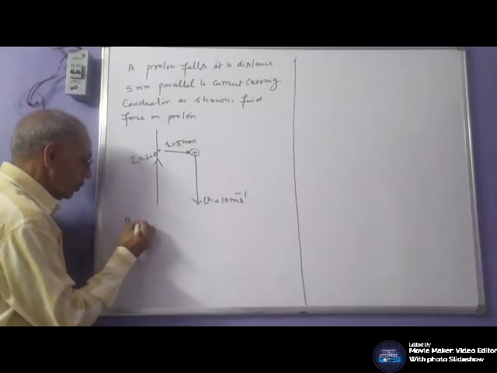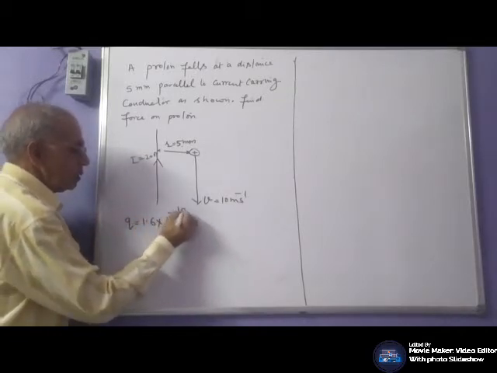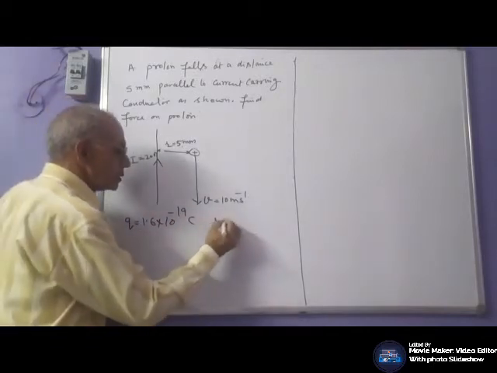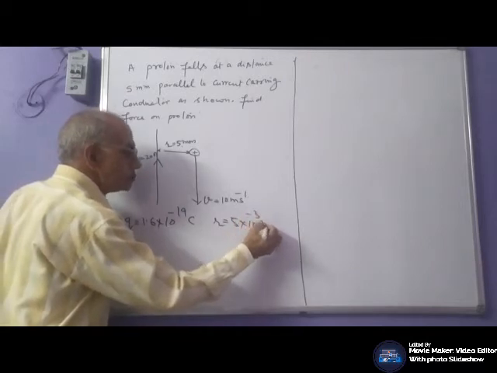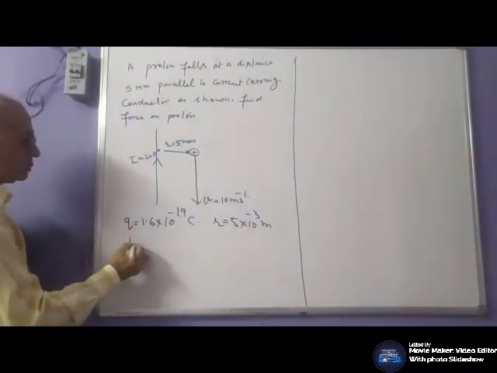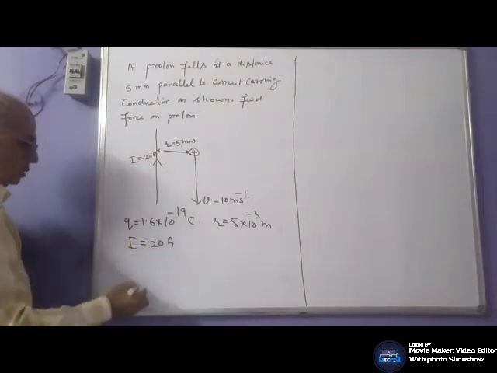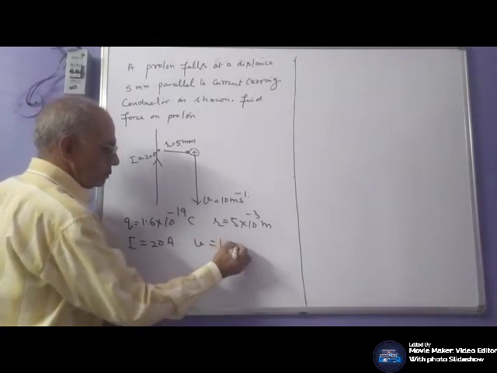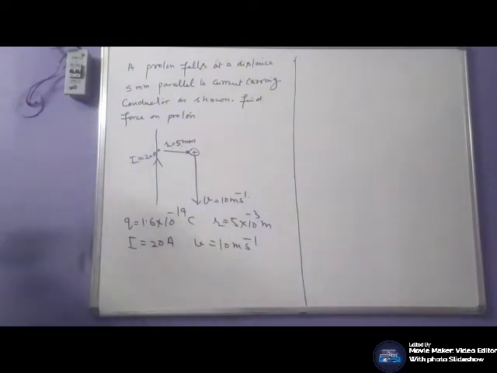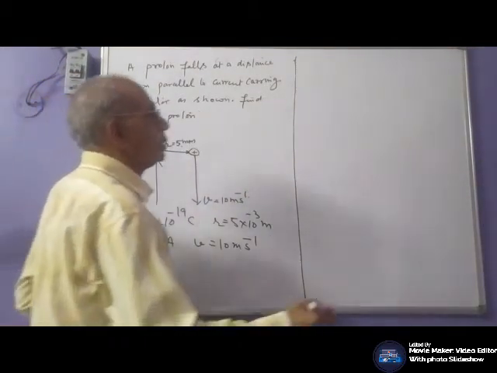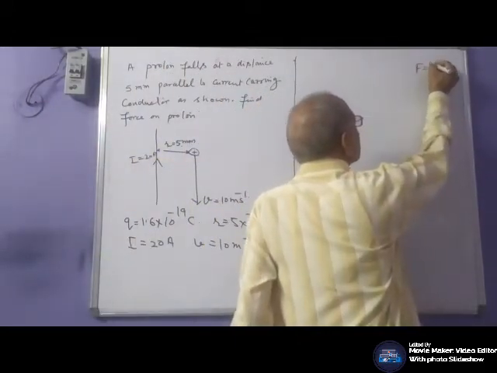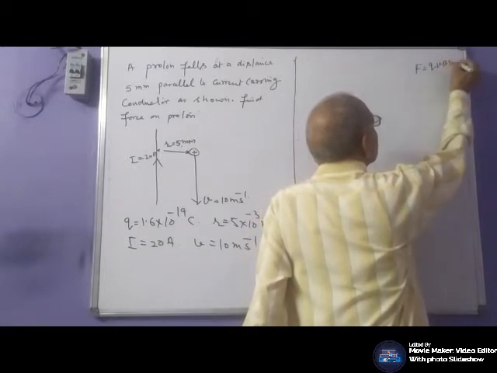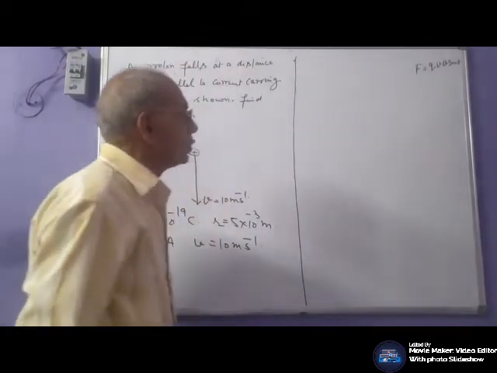Now here charge of proton, distance 5 mm, I, B. Force on moving charge is QVB sin theta.